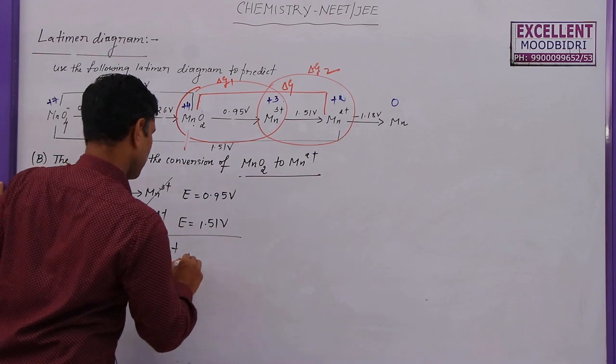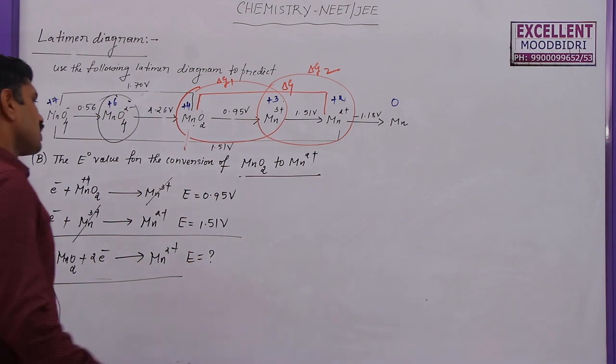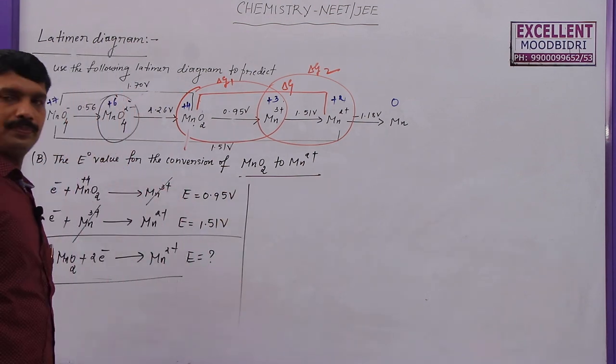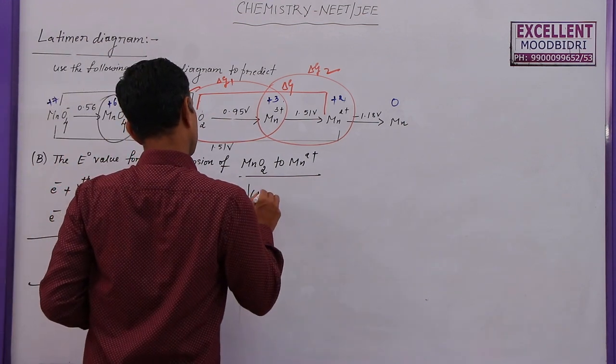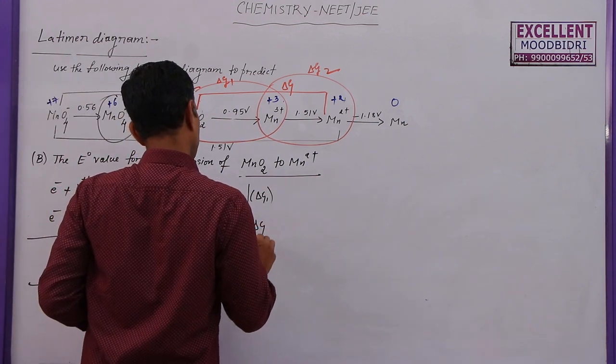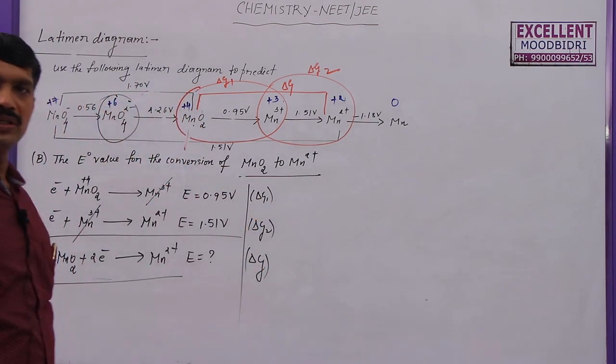Then E, how much E is equal to, you want to find out here. This is based on the thermodynamics concept. This is for delta G1, this is for delta G2, so this is for delta G. So delta G is equal to the sum of these two.